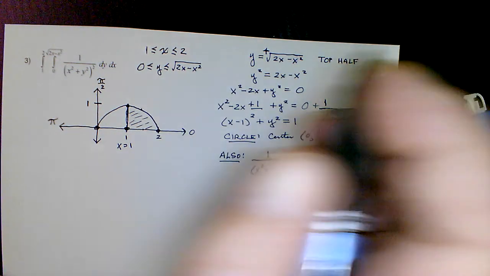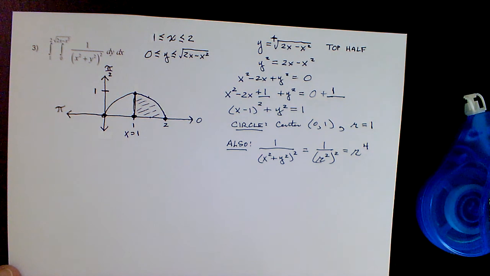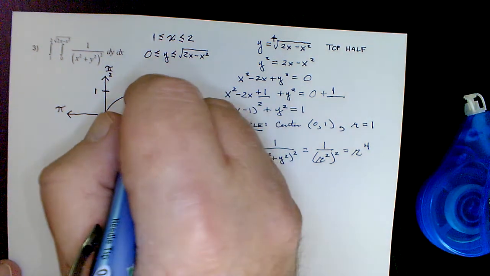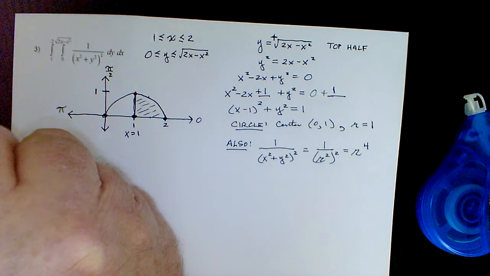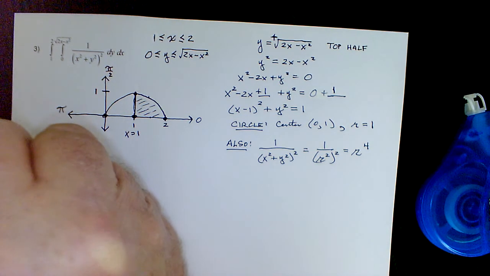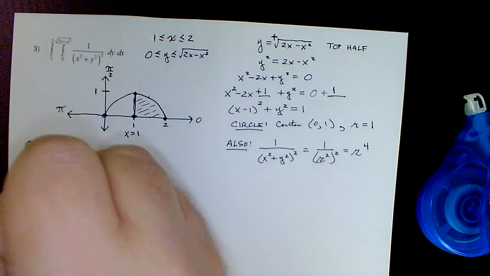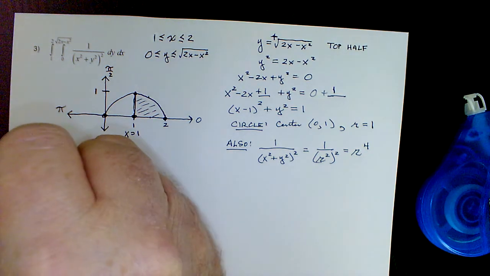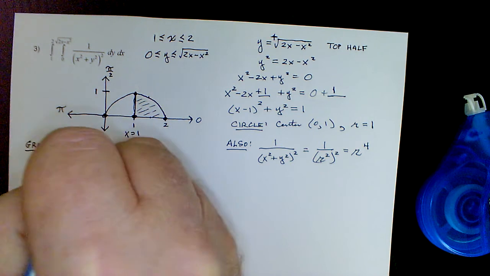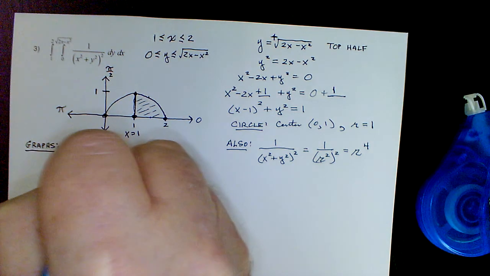So with regards to the graphs, in terms of polar coordinates, or maybe I should say the curves, whatever. Let's say the circular piece was y is the square root of 2x minus x squared.